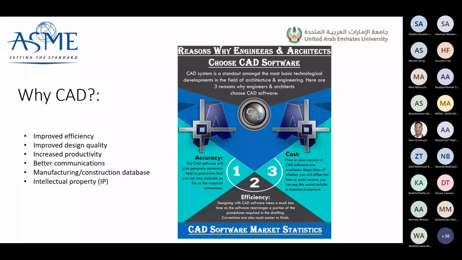So this is the idea behind CAD softwares. We are using CAD software for improved efficiency, improved design quality and productivity, and better communications. Now, improved efficiency means how many accurate drawings can you make within a certain time, within a day or 2 days or a week or whatever.